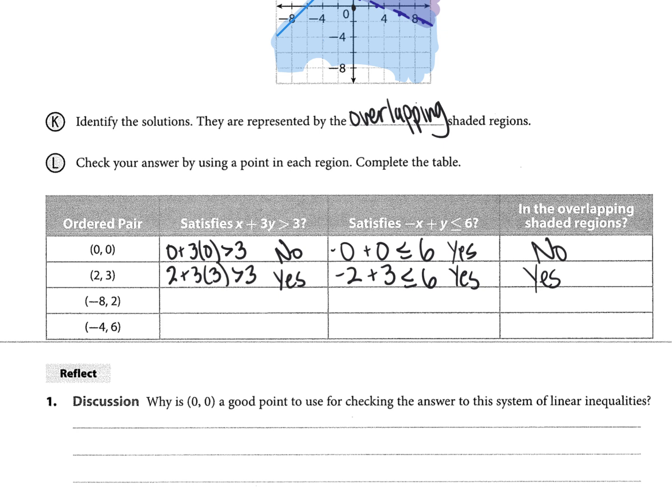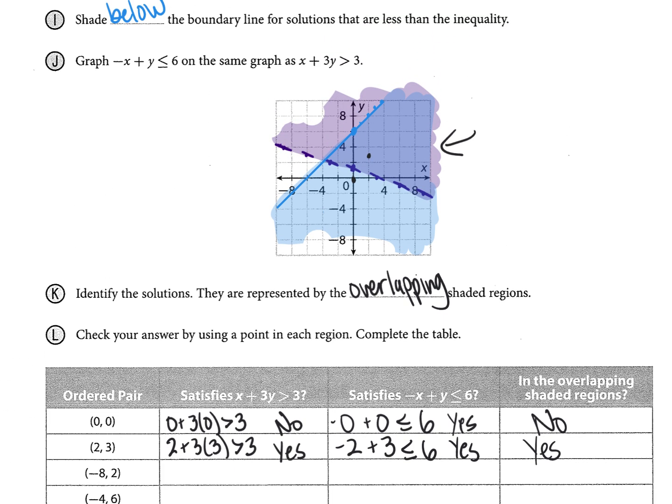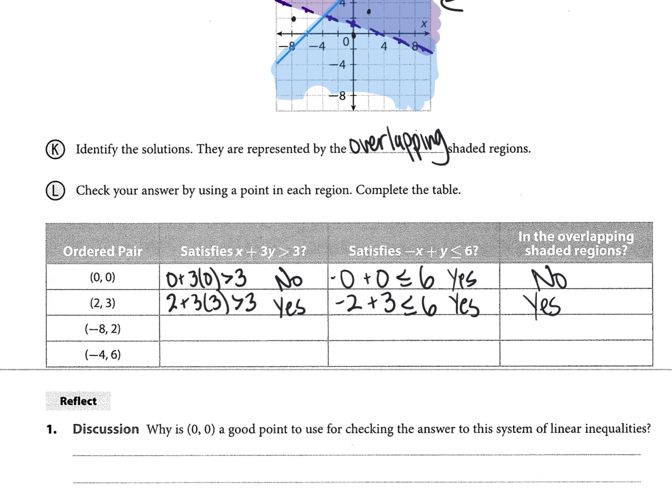Negative 8, 2. That is in the empty, no shade section. So it should not be a solution to either inequality. So start by saying no, it is not in the overlapping section.